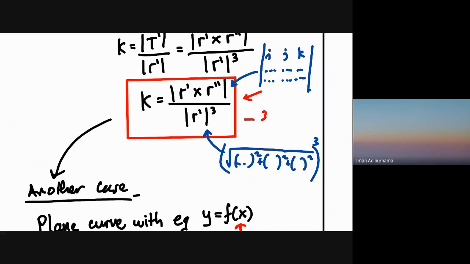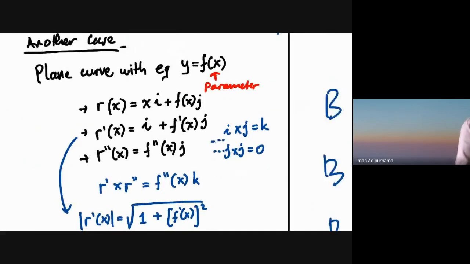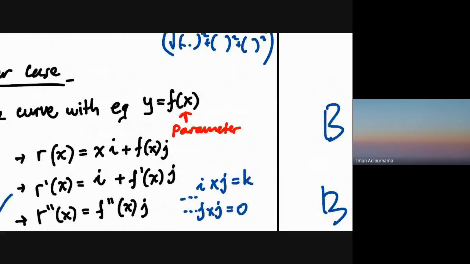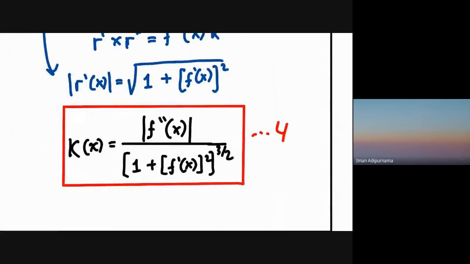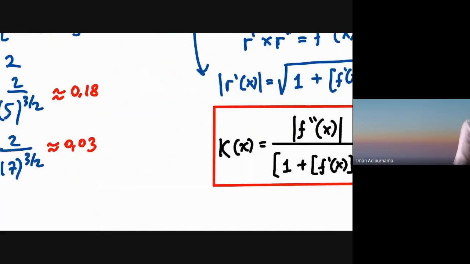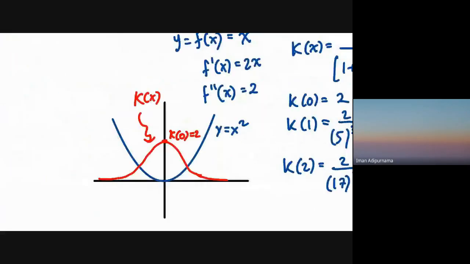But if you have the plane curve with a regular Cartesian relation, y equal f of x, and you want to measure the curvature, then you can go to this one. And as we discussed before, this is actually the visualization of the curvature.